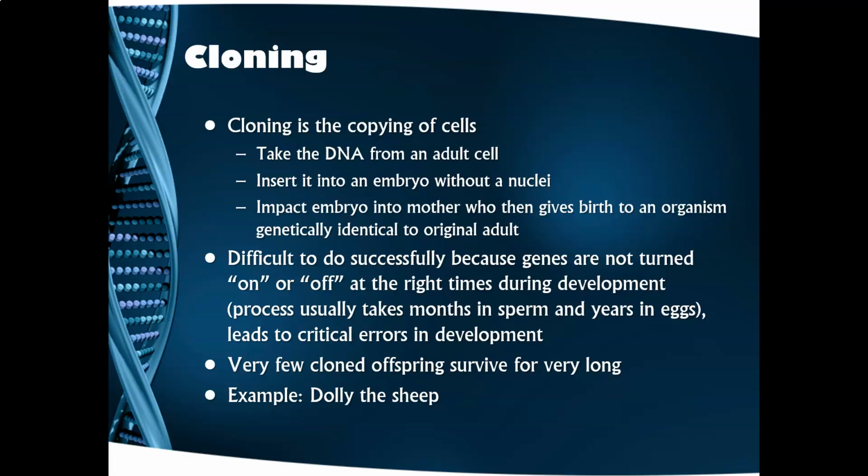As a result, we have a really limited number of clones that have successfully survived for long periods of time. Dolly the sheep is a good example: we were successful-ish, because she only ended up living a few years before she died, really of a lot of complications that we would typically associate with older adult sheep.